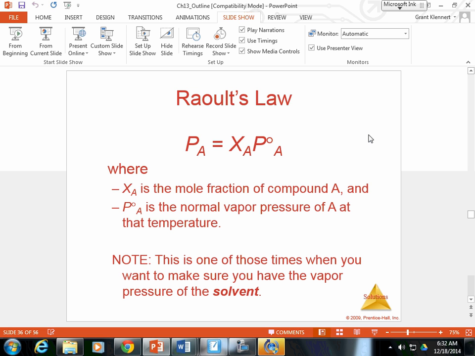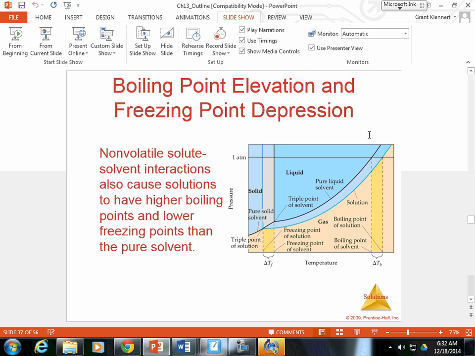If we want to solve for vapor pressure of a solution, PA is equal to XA times P degrees A. XA is the mole fraction of the compound, which we've learned how to solve for in the last section, 13.2, and P degrees A is the normal vapor pressure of A at that temperature. So that would help you solve for the vapor pressure of that solution.